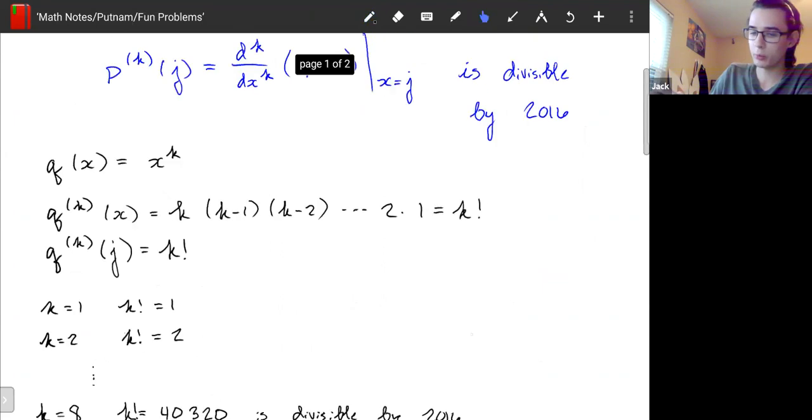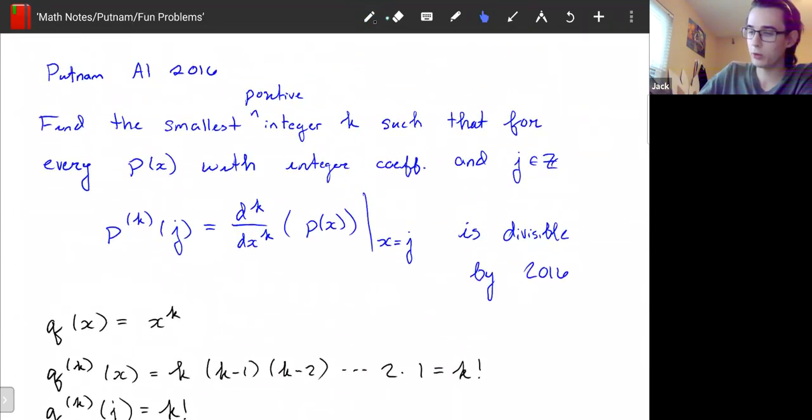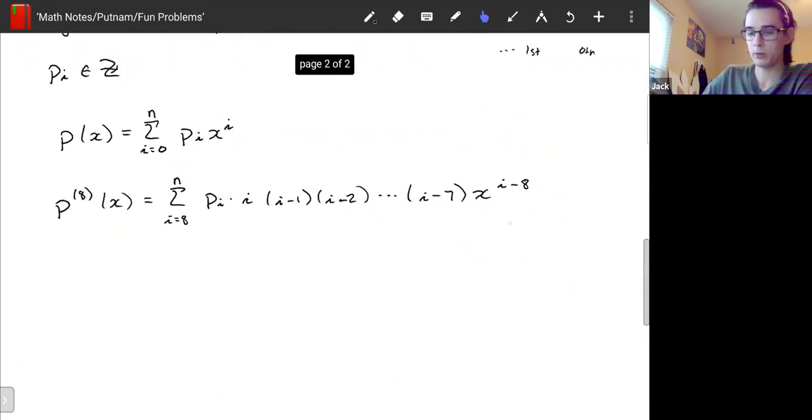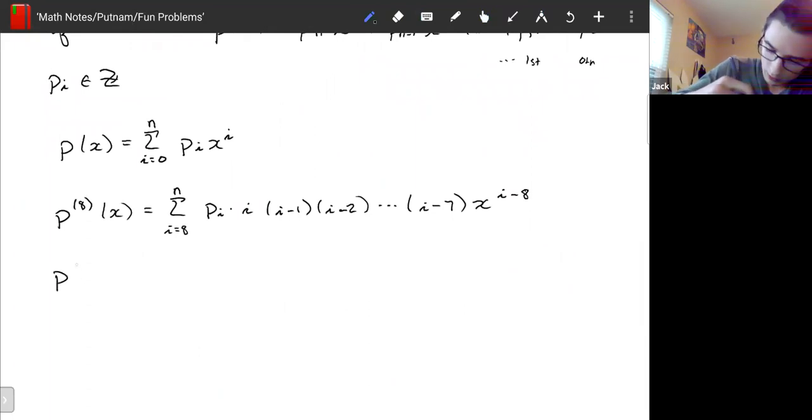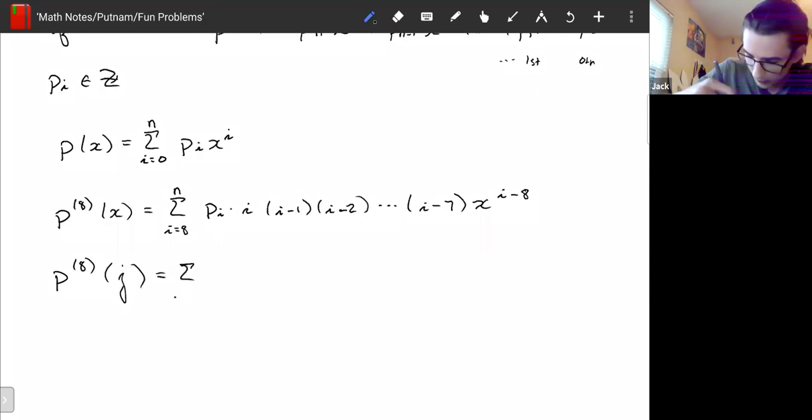But back in the original problem, now we just need to evaluate that polynomial at our j, and remember that this j is just some arbitrary integer. So we have to now evaluate this polynomial at j. That's pretty easy, we just have to plug that in.